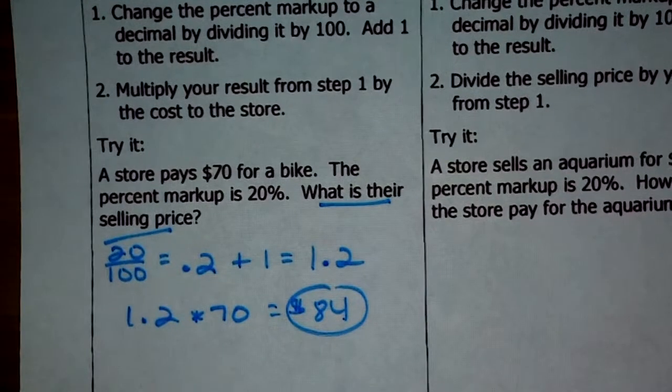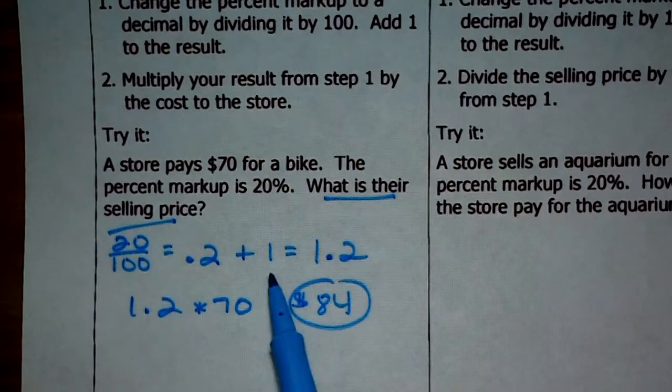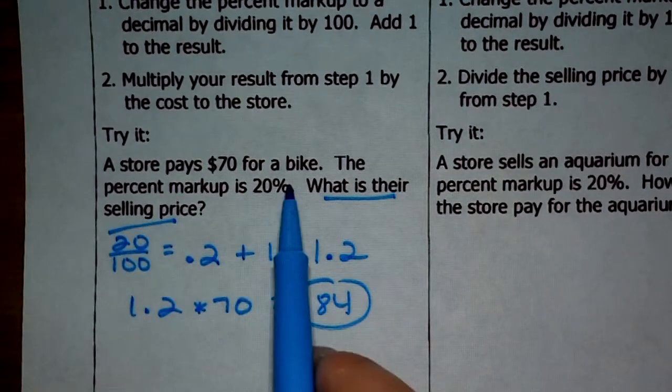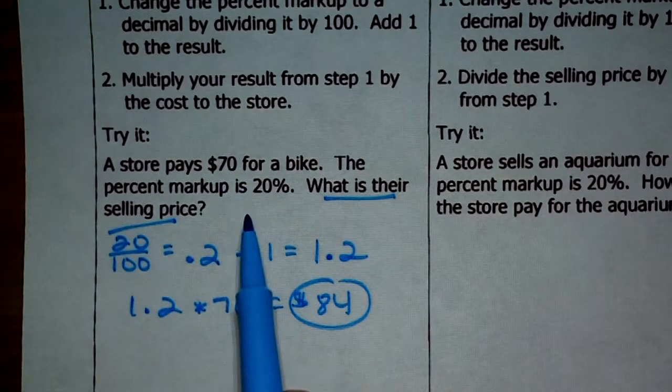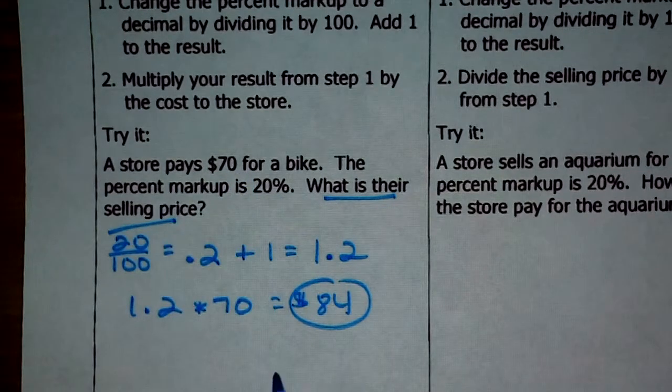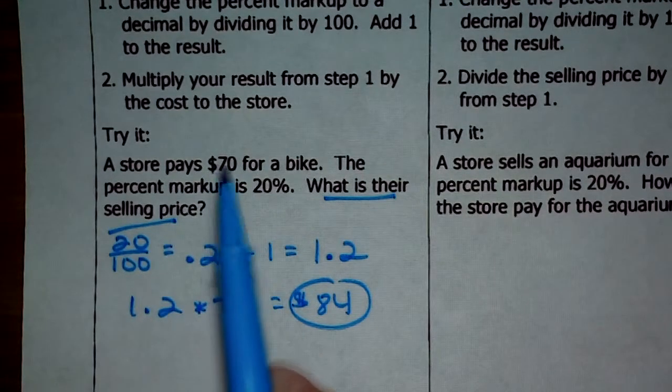So that means when the store pays $70 for it, on the price tag for you to pay, they're going to put $84. The reason that we're adding the 1 here, it's kind of saving us a step really. If their percent markup's 20% of the 70, if you only take 20% of the 70, you're going to get $14, right? I want to take that $14 and add it to the original cost, 70.